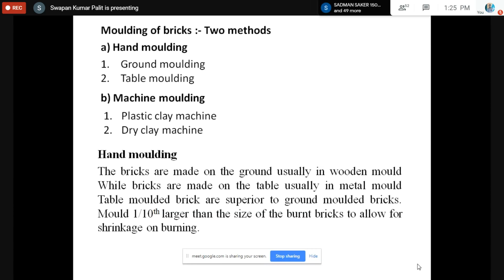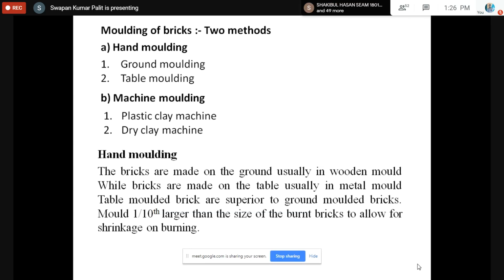Generally wooden mold is very much used by the people. But the mold should be 10% higher than the burnt brick, 10% higher in size.